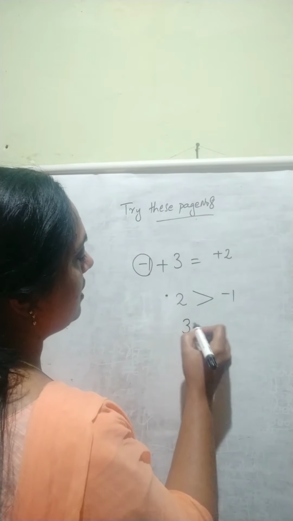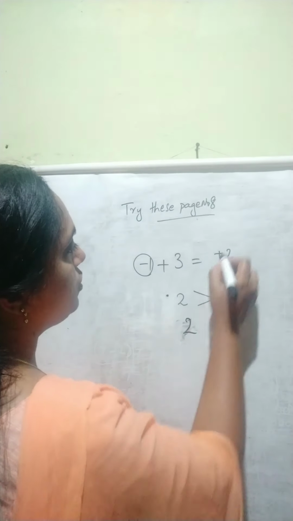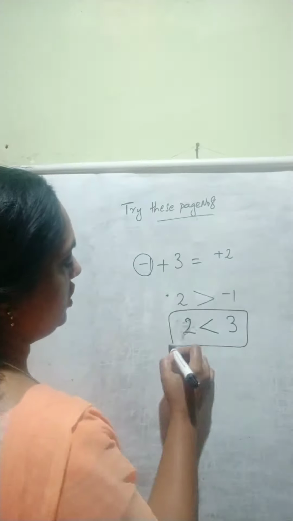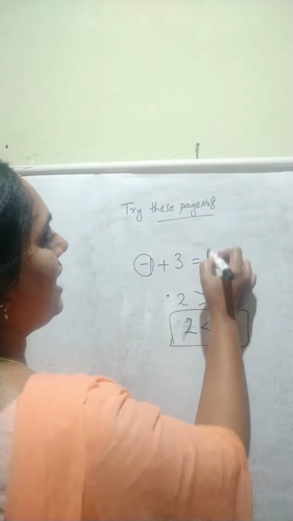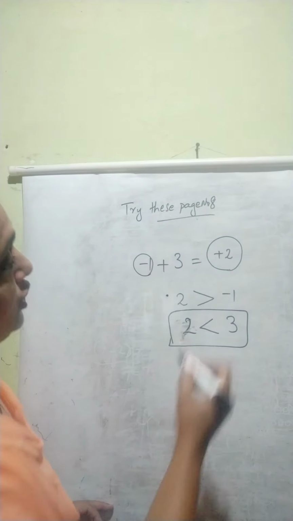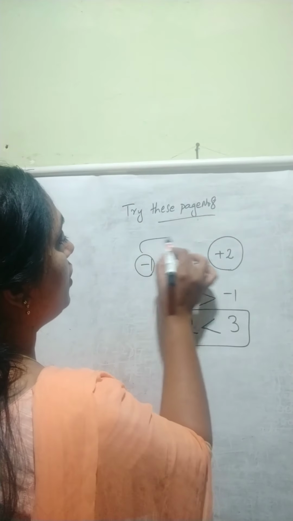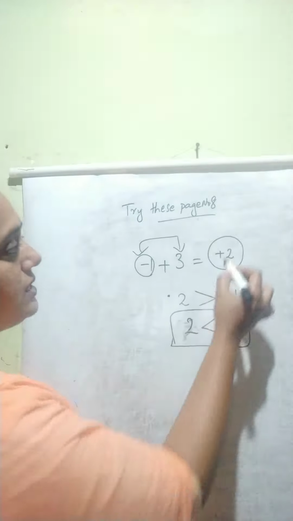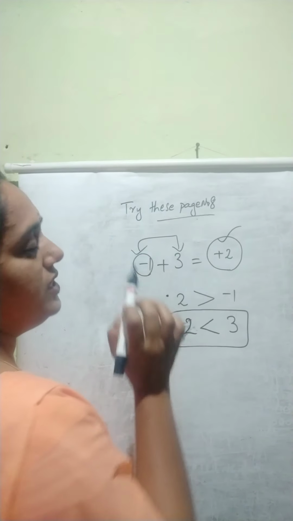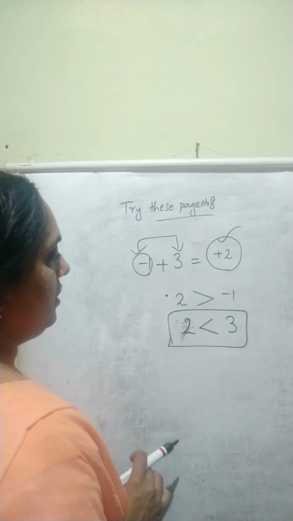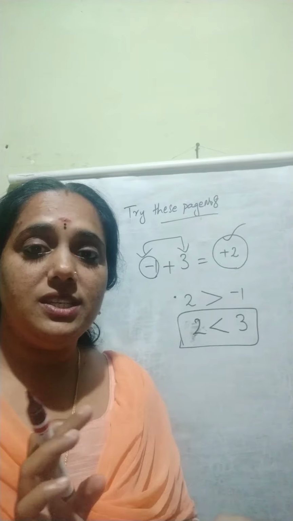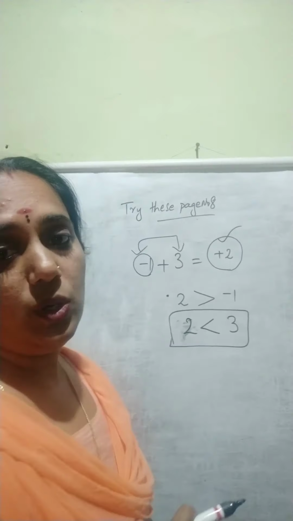But 2 is smaller than 3. This is our condition. That means this answer will be smaller than one of these numbers. So at that time, this answer will be automatically greater than the other number, no?